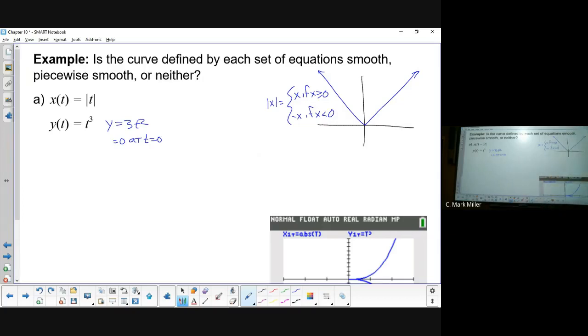So there's two pieces. On this part, y equals x. On this part, I'm going to do something lazy. It's hard to write that angle, so I'm going to do this.